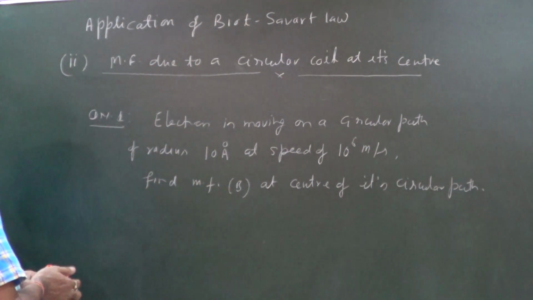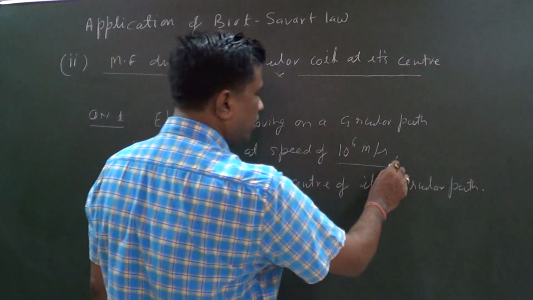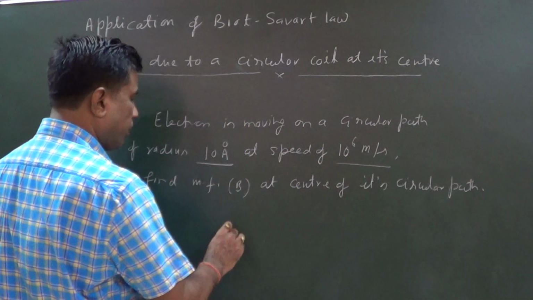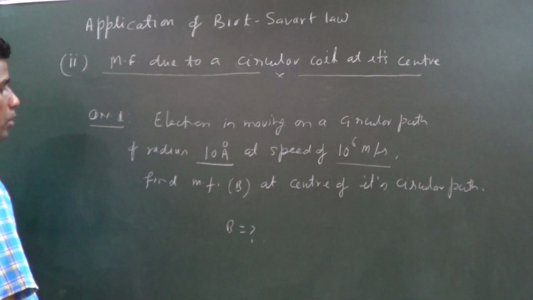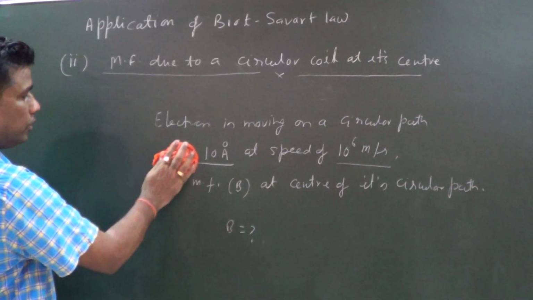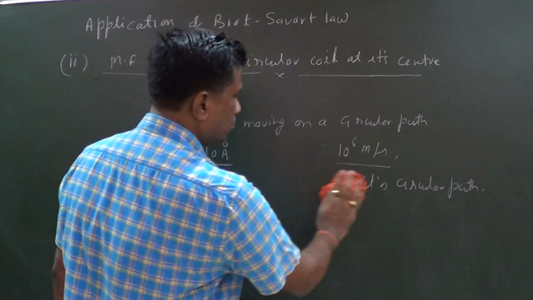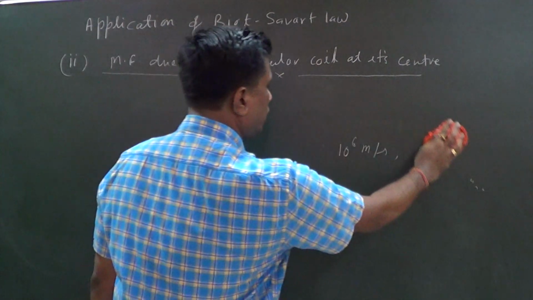So students, the radius is given, 10 angstrom, and the speed is also given, 10 power 6. We have to find the magnetic field B. See how we can find the magnitude of the magnetic field at the center of the circular path.